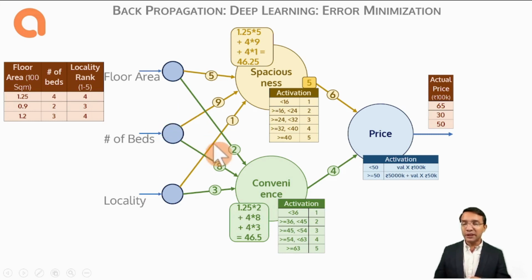Similarly, with these coefficients, we apply these inputs and get the convenience factor of the same house as 1.25 multiplied by 2, plus number of beds, that is 4, multiplied by the number of beds coefficient, that is 8, plus 3 multiplied by 4, and we get the convenience quotient or convenience factor for this house as 46.5, and hence we get the activation as 3.